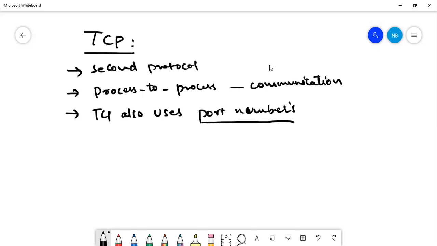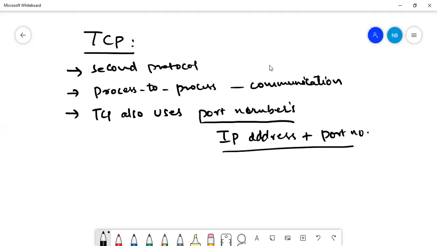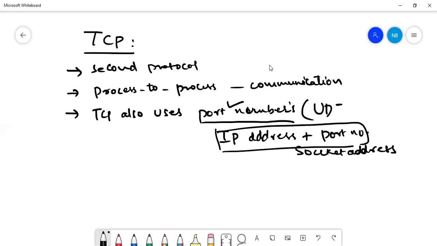And in UDP we discussed the socket address. What is a socket address? A socket address is nothing but the IP address plus the port number. But TCP uses port numbers, similar to UDP.